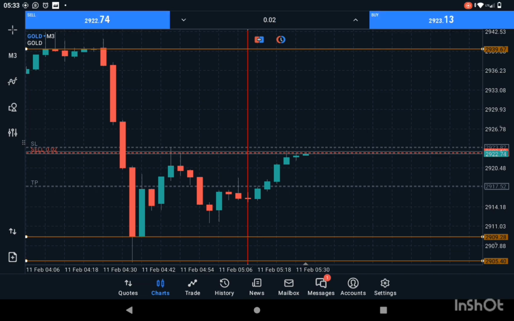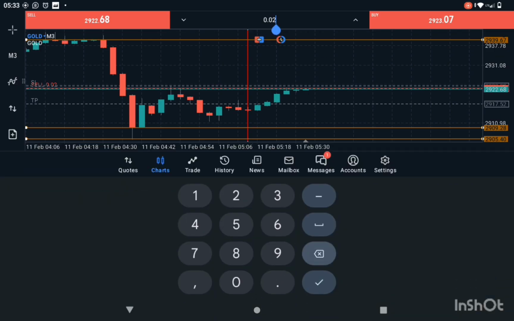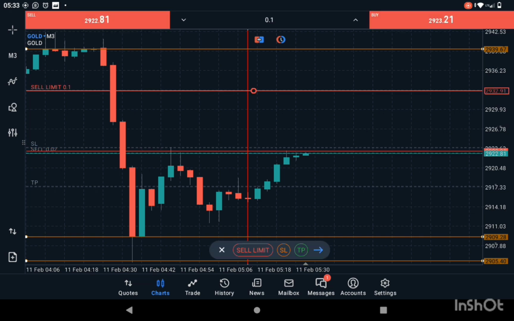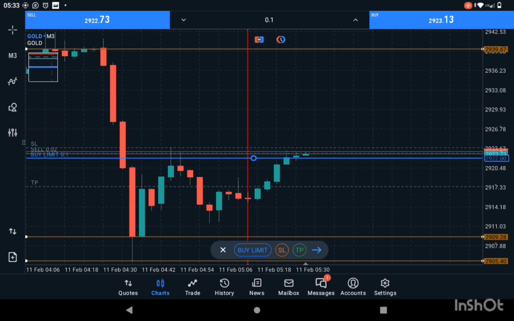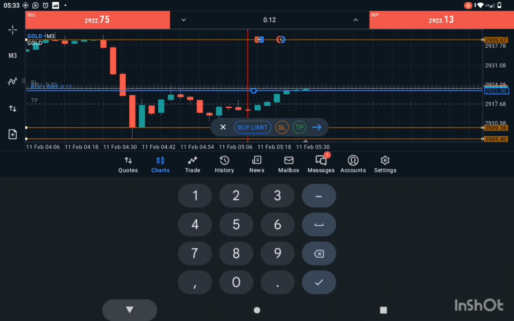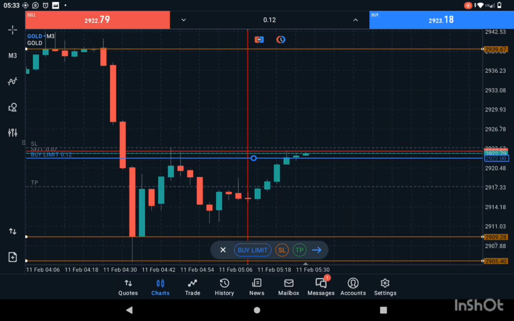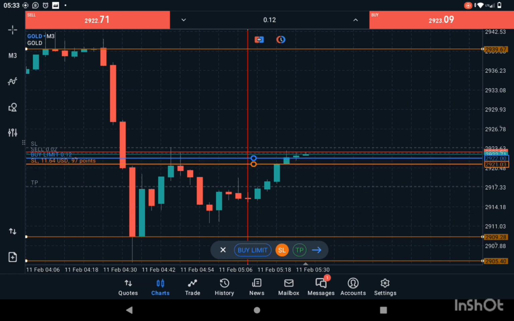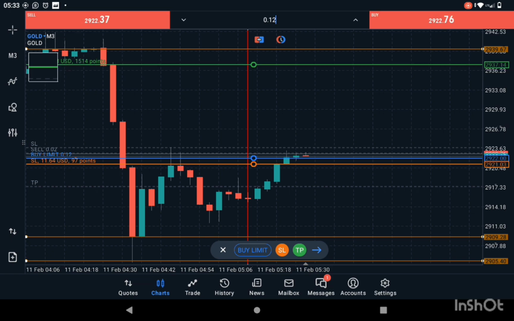And then in the second trade, I will set a buy limit at this point. Right. And my stop loss should be just right at the bottom there. I take profit right when it broke out first.